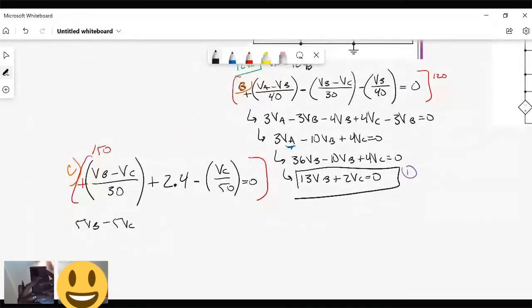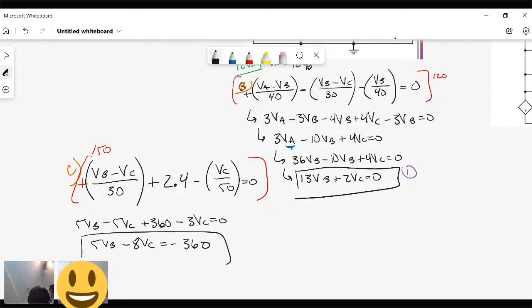Calculator. That's going to be 360 minus, and this will be 3VC equals 0. And then these combine, so I got 5VB minus 8VC equals negative 360. And that's two equations, two unknowns.